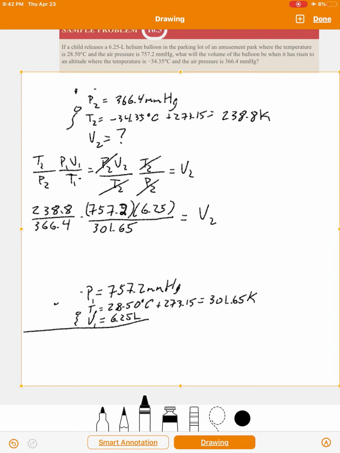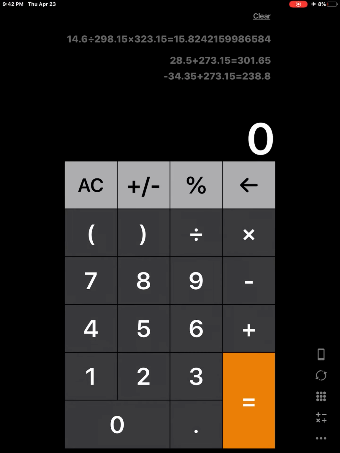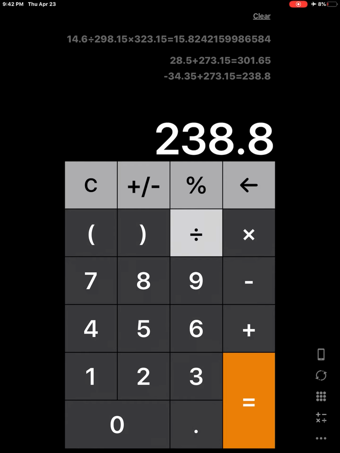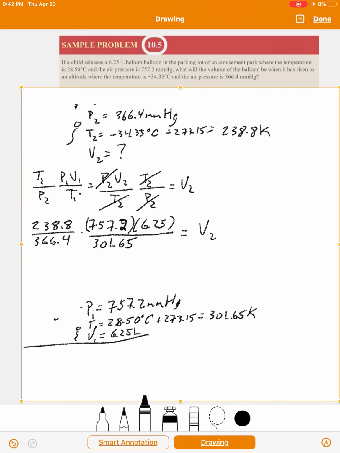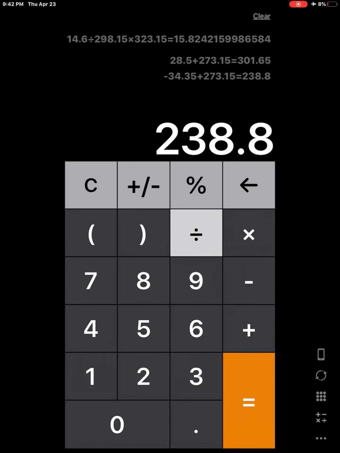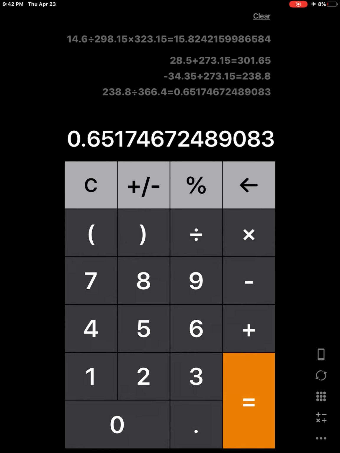So 238.8 divided by 366.4. So we got a number there.